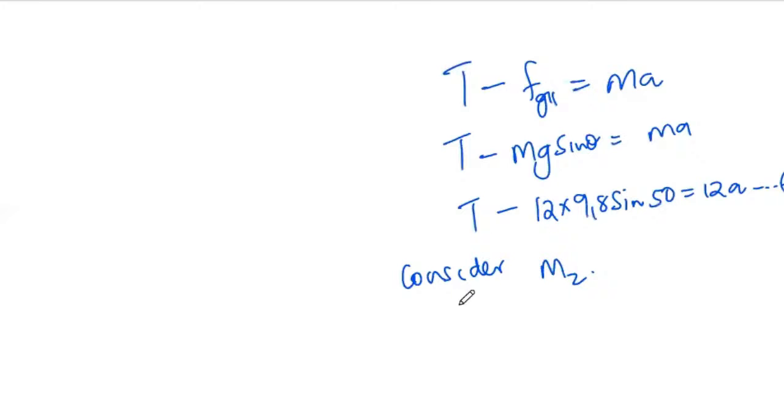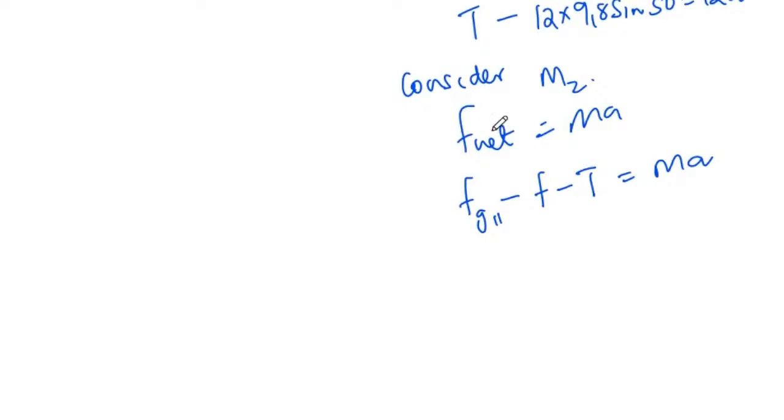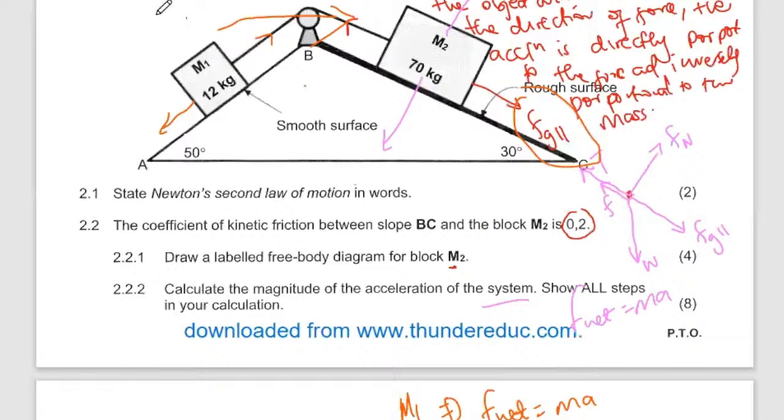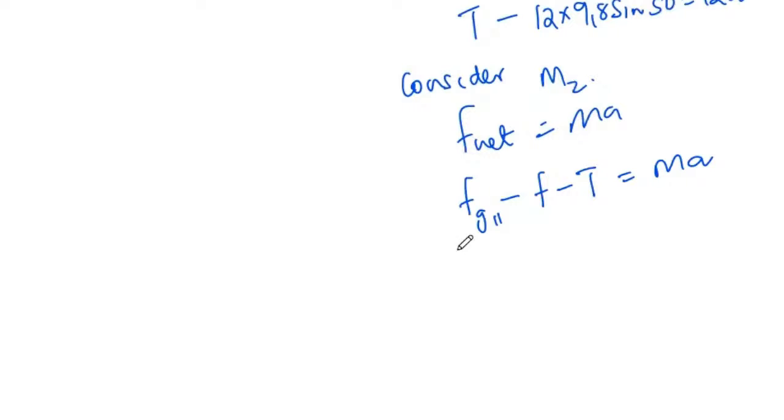So F net is equal to MA, which means my FG parallel minus the frictional force minus the tension must give me MA. The mass of this body is 70.